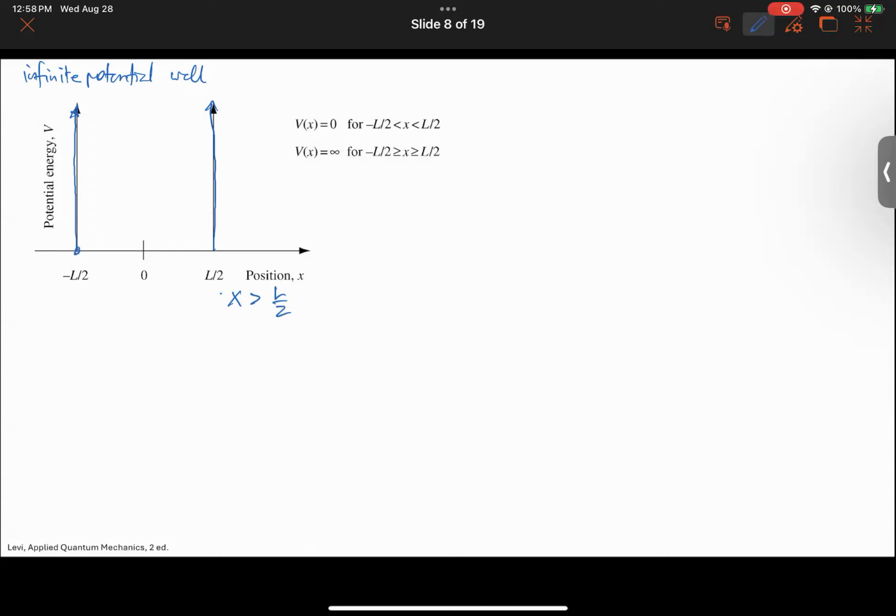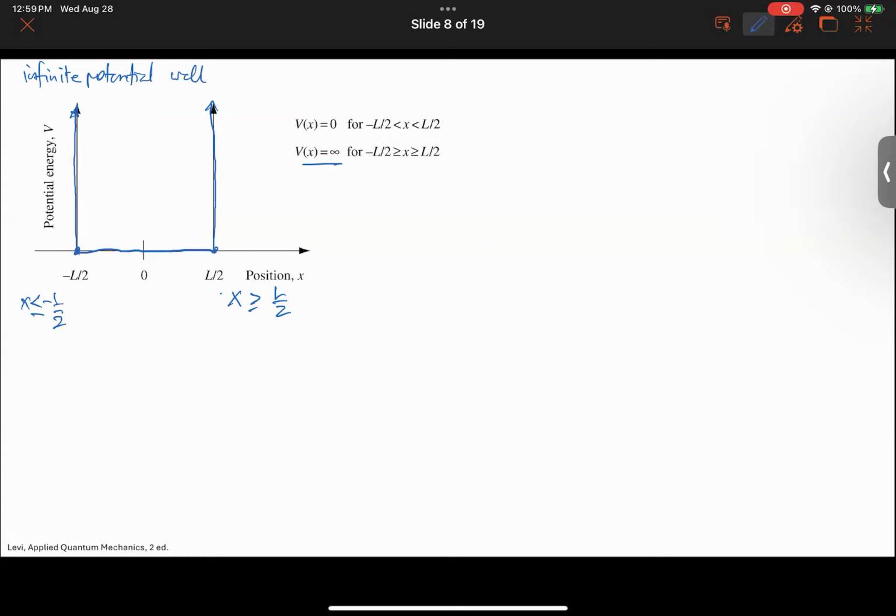The potential well, of course, is located between negative L over 2 and L over 2. Anything greater than L over 2, you have infinite potential. For anything less than negative L over 2, you also have infinite potential. Then anything in between negative L over 2 and positive L over 2 is zero potential.